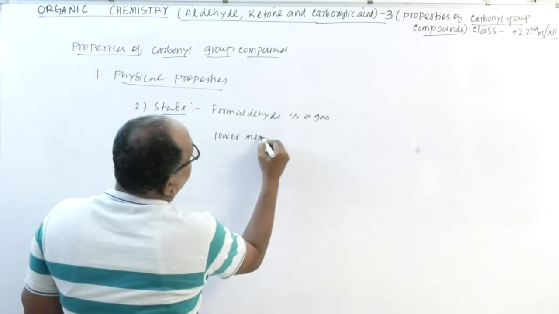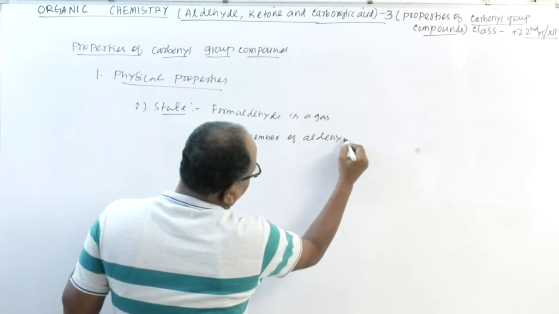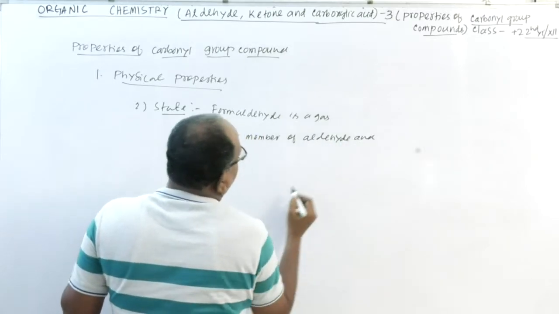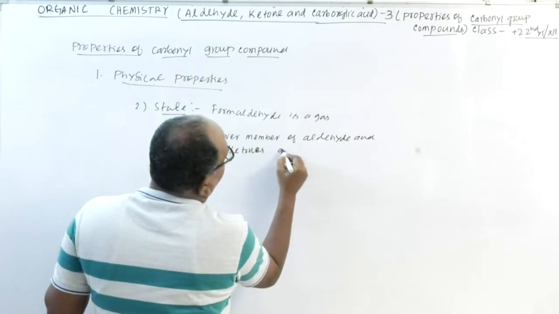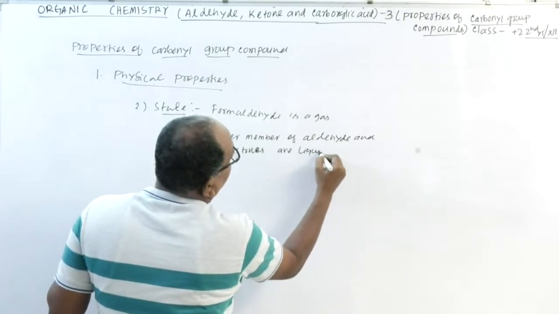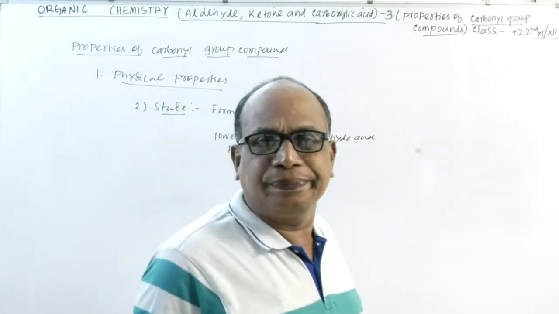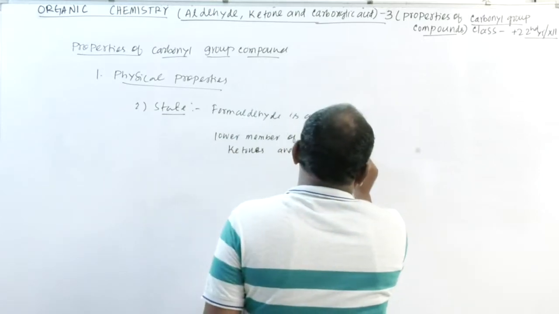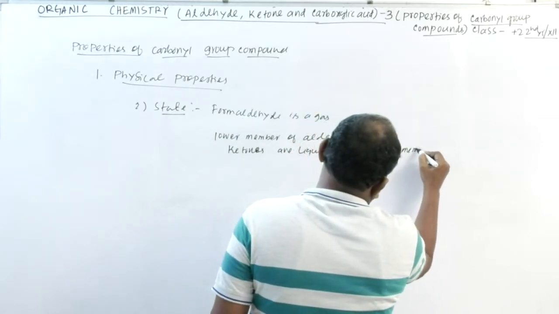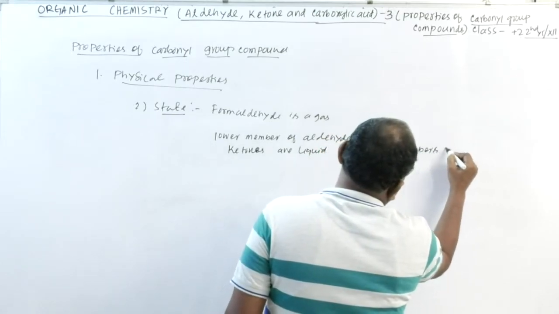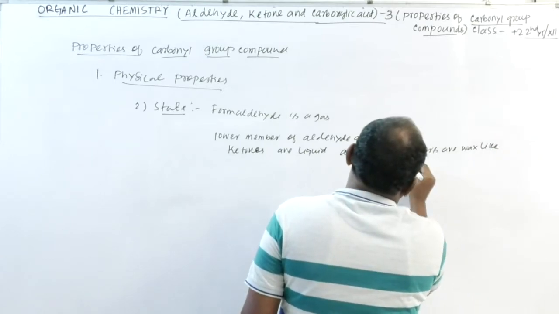Lower member aldehydes and ketones are liquid, or a volatile liquid with characteristic odor, and higher members are wax-like solids.